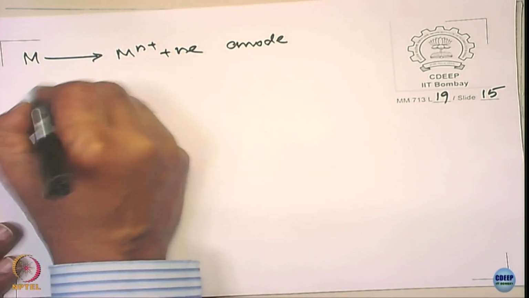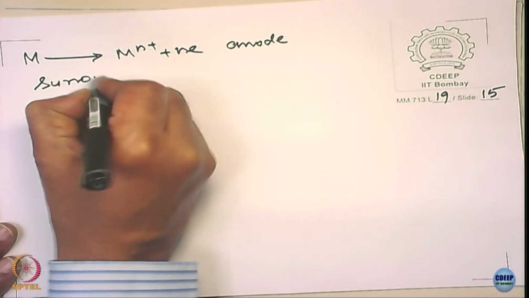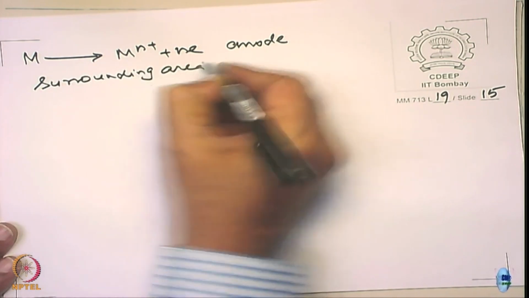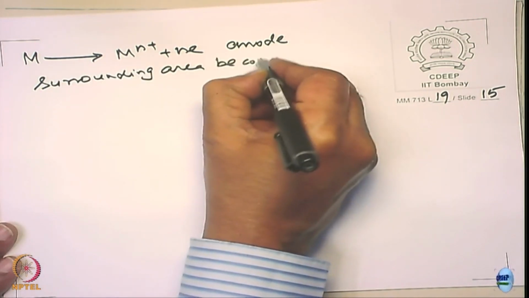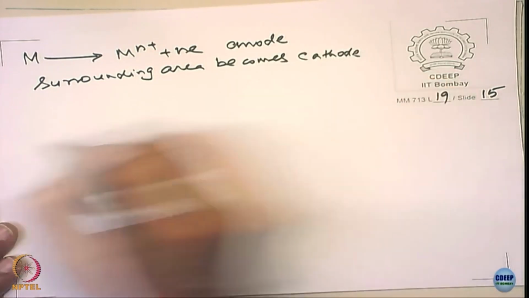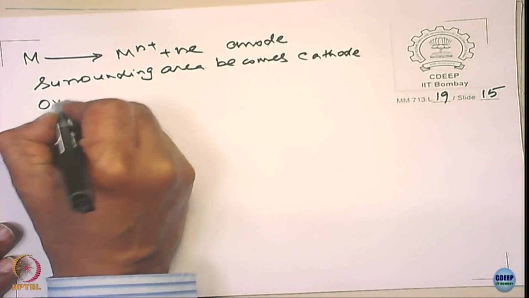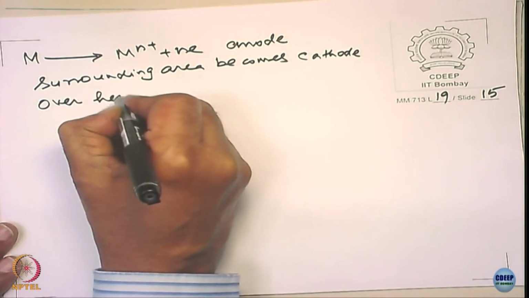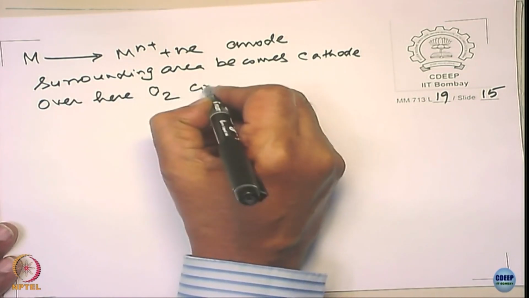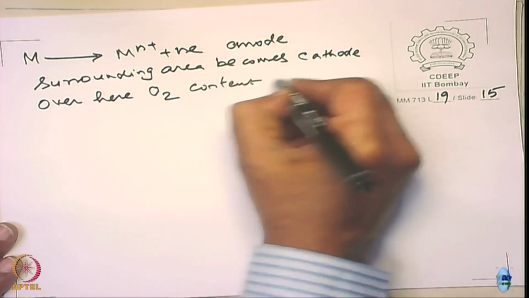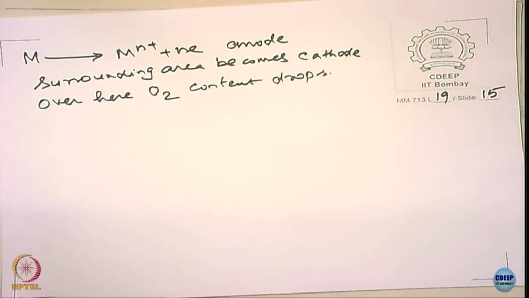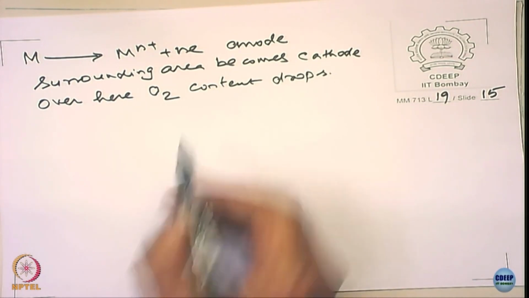Now the surrounding area becomes the cathode, and over here the oxygen content drops. Why does the oxygen content drop? Because it is covered with a corrosion product.